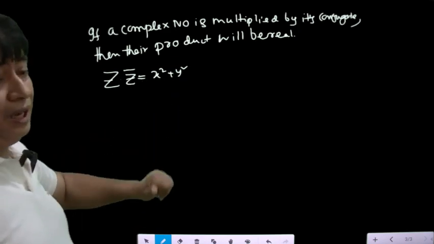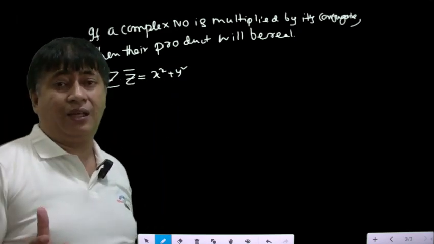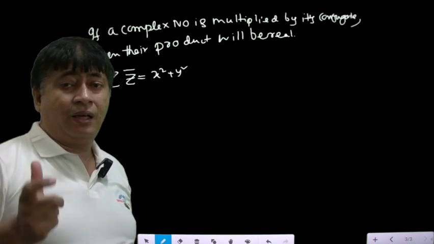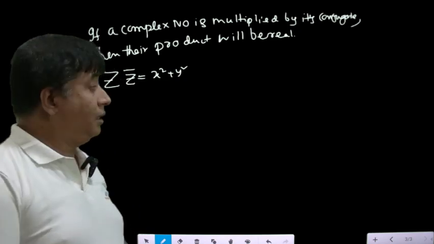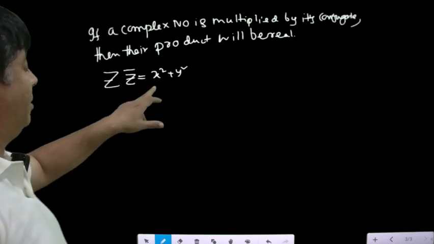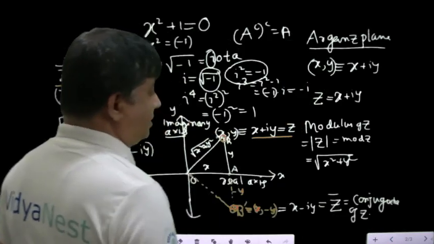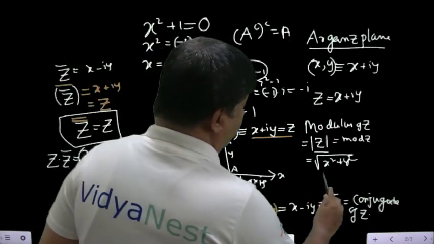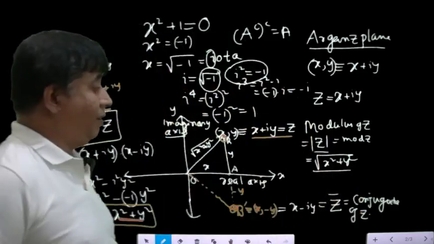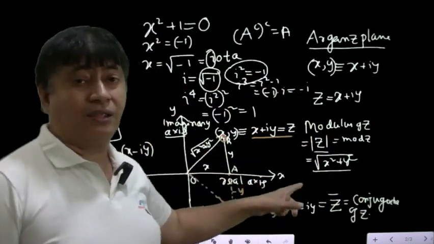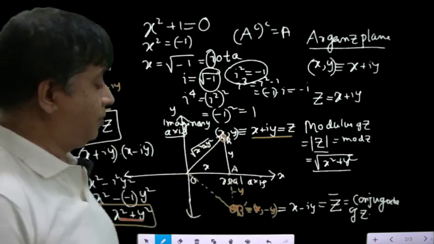Once you get x square plus y square, then you can get a reference of one term which you have just got. What is that? Mod z, root x square plus y square. Few minutes back, we got the term root x square plus y square.